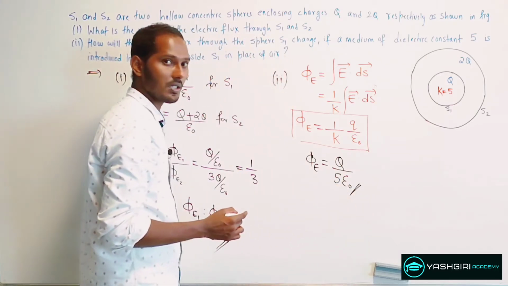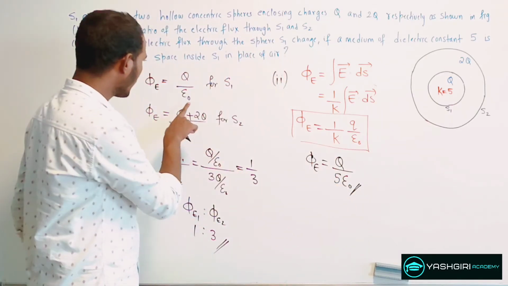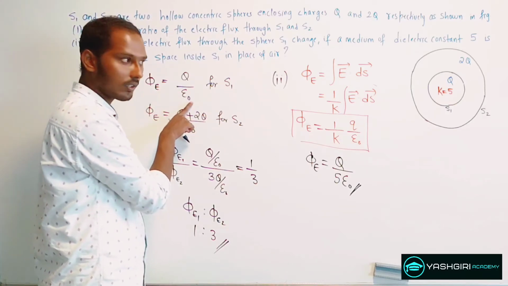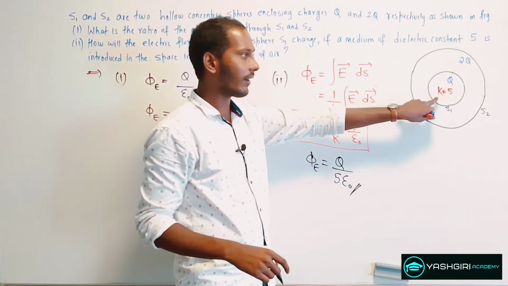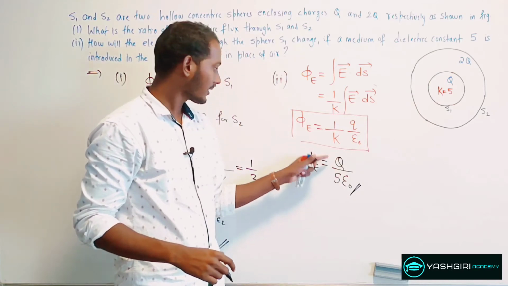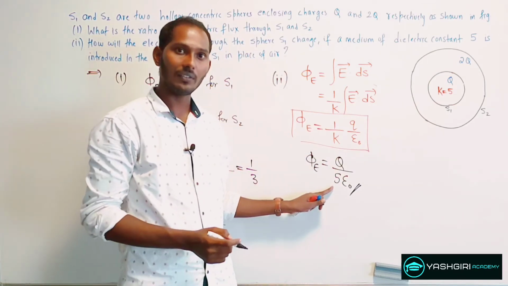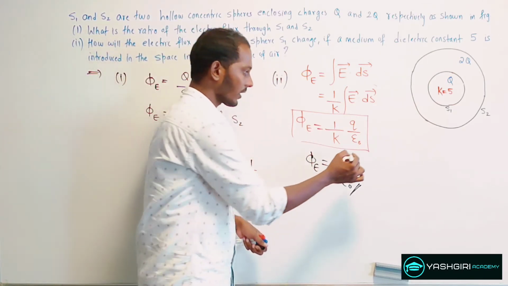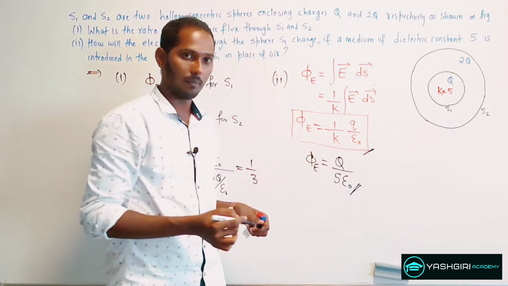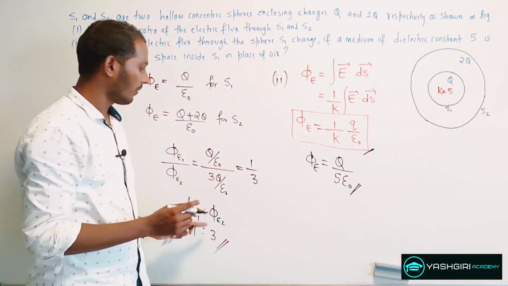So this is the change that you will see. Here in this case it's Q by epsilon naught, but when you introduce a dielectric medium, this answer gets reduced by 5. So this is the formula that you need to remember. So that's the answer for both the questions.